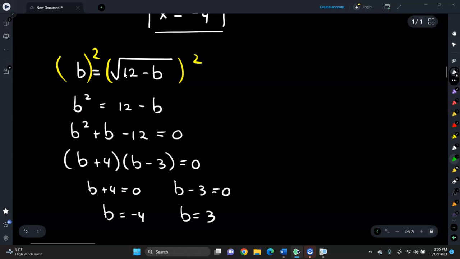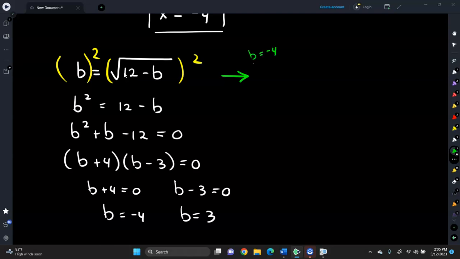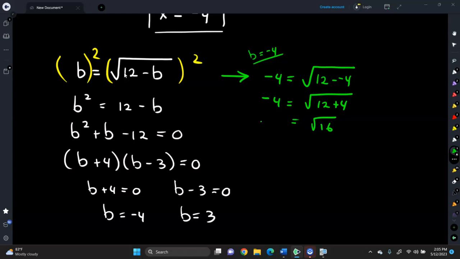Again, we need to check it. So going back up to the original equation, we're going to check b equals negative 4. So we get negative 4 equals the square root of 12 minus negative 4. So that's negative 4 equals the square root of 12 plus 4, which gives me the square root of 16. But the square root of 16 is positive 4.